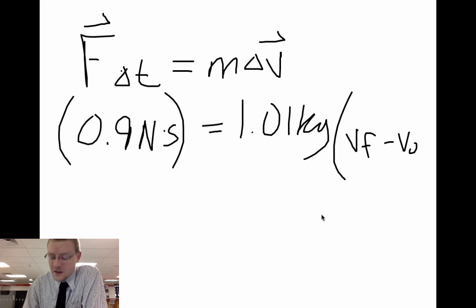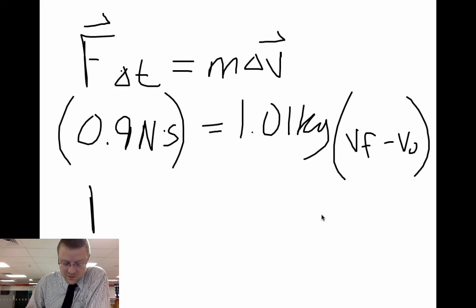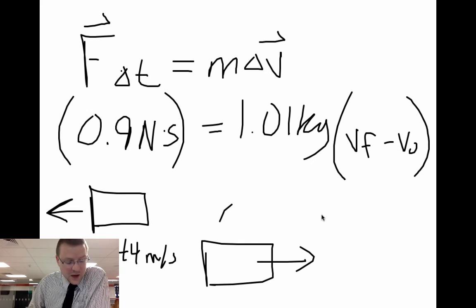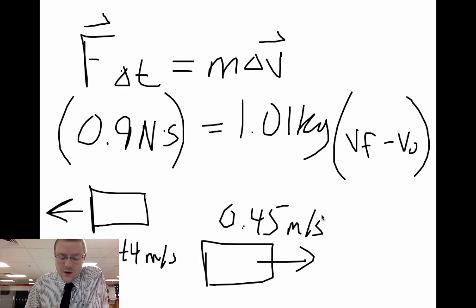We're going to subtract the difference between our final and initial speeds. So our final speed, we said the cart was heading away from the spring at negative 0.44 meters per second, and it was heading towards the spring at positive 0.45 meters per second. So since they are vector quantities, please be careful and watch the signs.